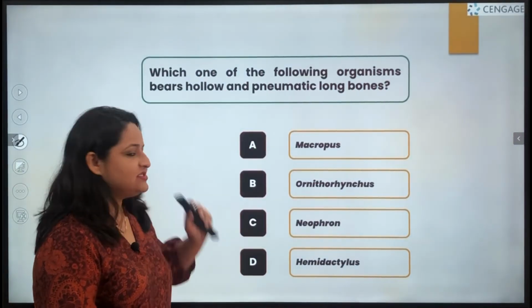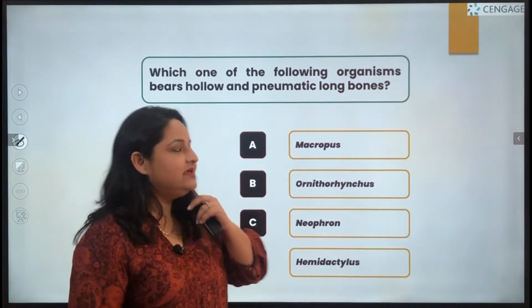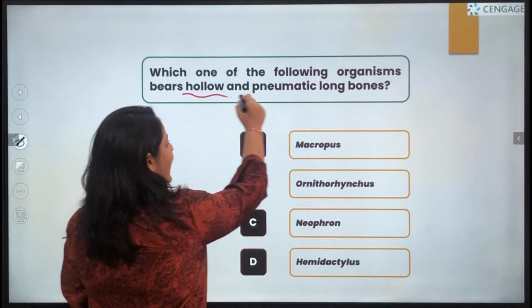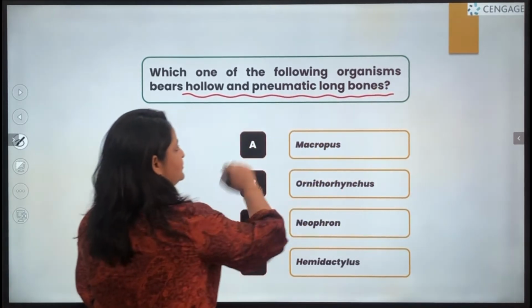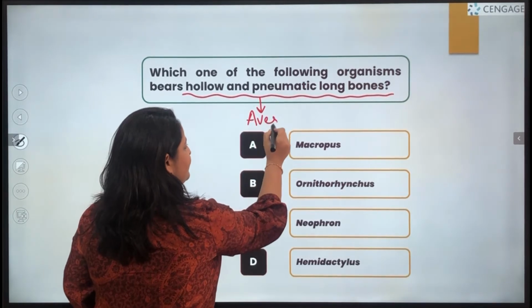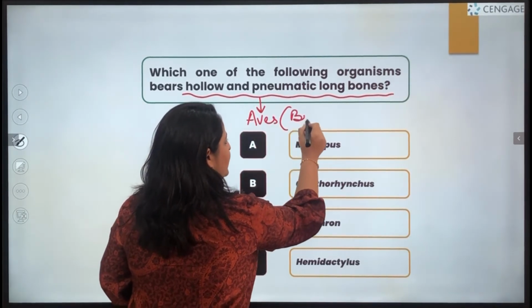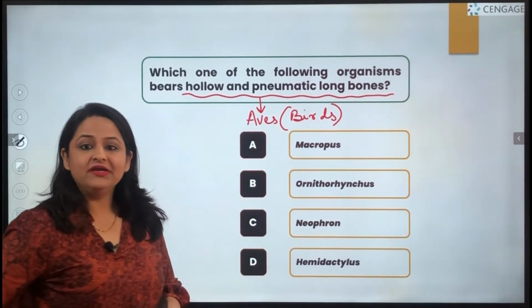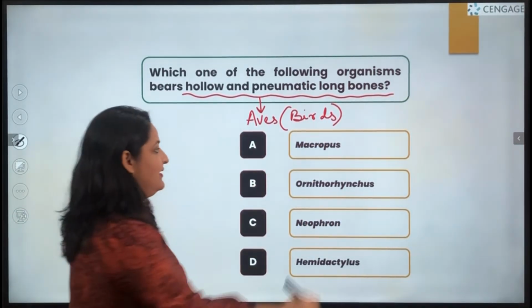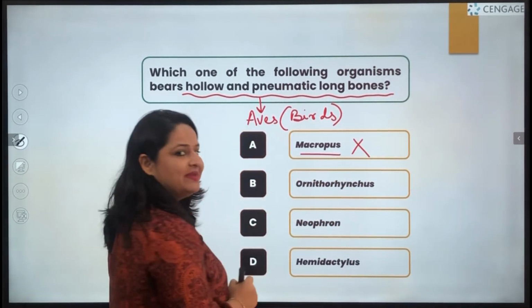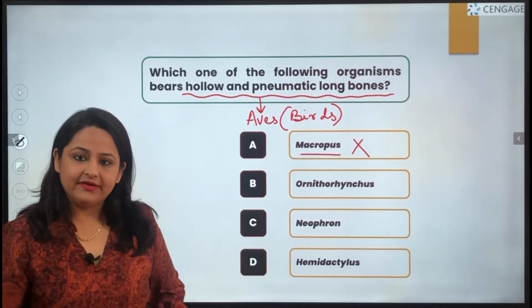Now let's see the next question. Here they are asking which one of the following organisms bears hollow and pneumatic long bones. So this is a feature of aves, that is, the feature of birds. So in all the options given below, we will have to find the option which has a bird in it. Macropus we know is kangaroo, so obviously this is not coming under aves, it is coming under mammalia.